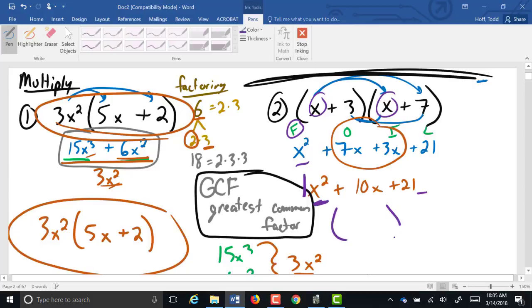So when we do that, we look at doing what's called reverse multiplication. We're going to abbreviate it as multiplic, or sometimes called FOIL in reverse. And all it means is we're looking at this and we're saying, okay, this has 3 digits in it.